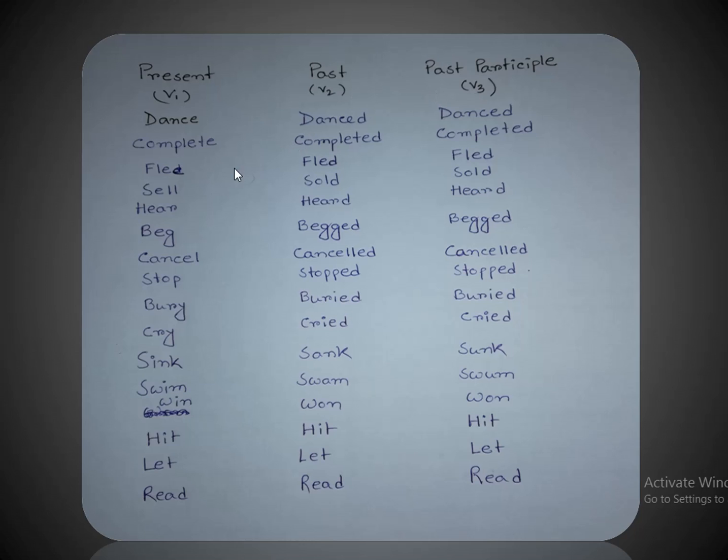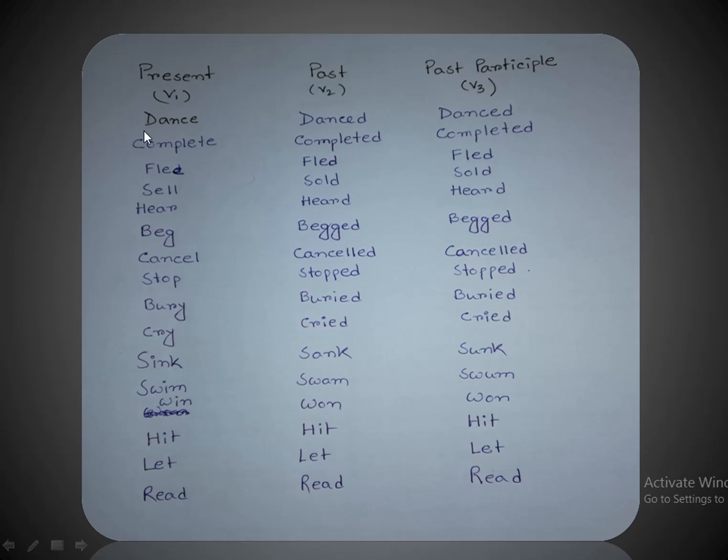Now just see the changes in form. See, in the present the verbs are in base form. All the verbs here in the present are the base form, and they are changed to past and past participle.